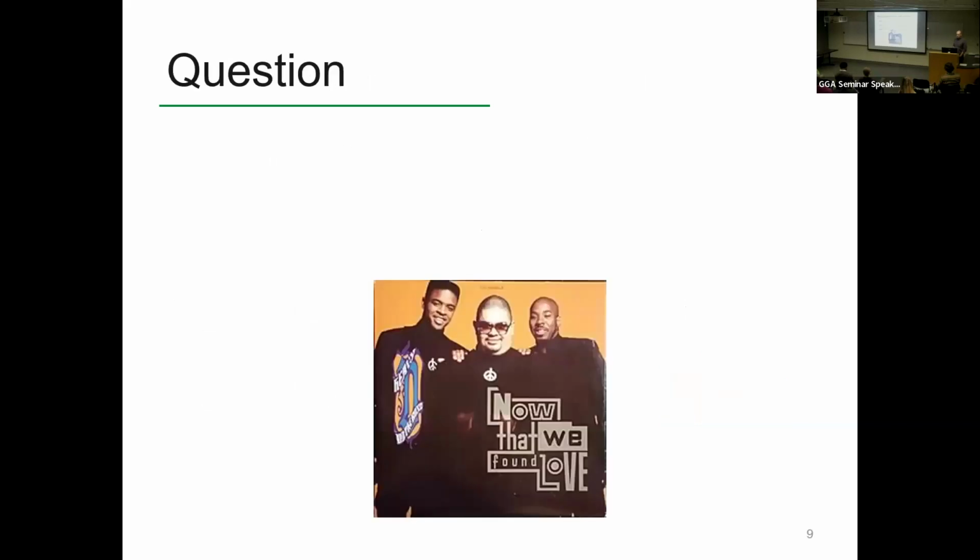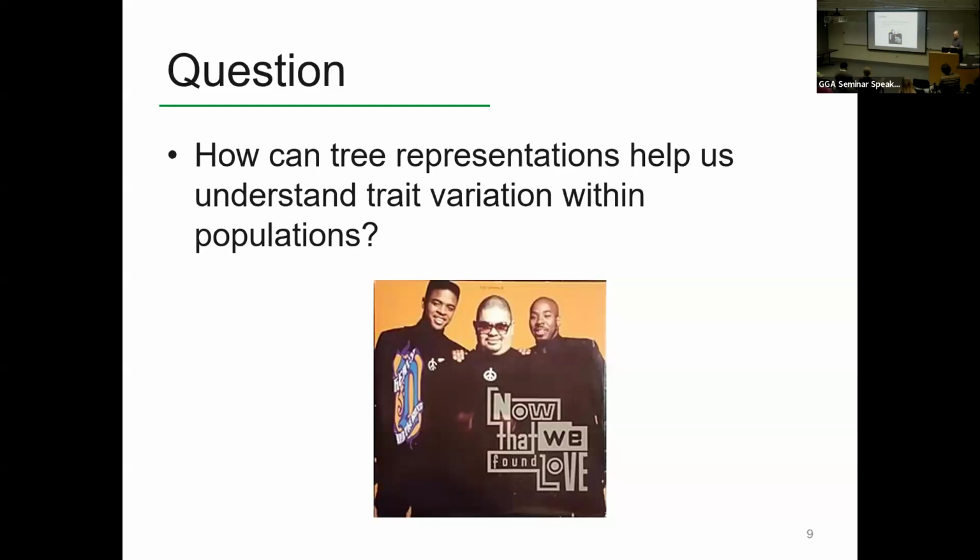So I'm going to make another really old reference, to Heavy D and the Boyz. They sang, "Now that we found love, what are we going to do with it?" And my question today is, now that we found the ARG, what are we going to do with it? It's all well and good to know that, but can you actually solve some scientific questions with it? There's a lot of ways you could take that general question, right?